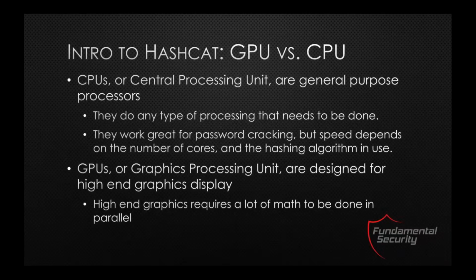It does the vast majority of the processing on your computer on a daily basis. Works great for password cracking, but the speed itself depends on the number of cores that it has available and the hashing algorithm that's in use. Because a CPU tends to have fewer cores, it maybe doesn't process as much or as fast as a GPU does when it comes to password cracking.